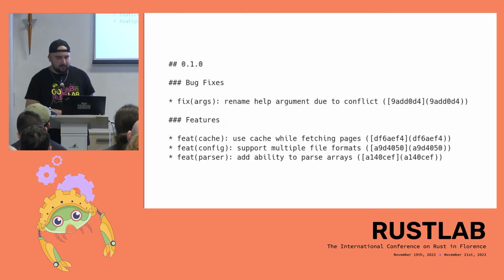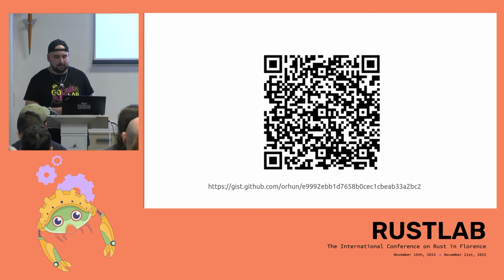So this is what we get if you run everything. It is a markdown formatted changelog which contains all the commit information. And yeah, if you want to give it a try, here's the QR code and the link to the gist, and you can implement your own little changelog generation program this way.